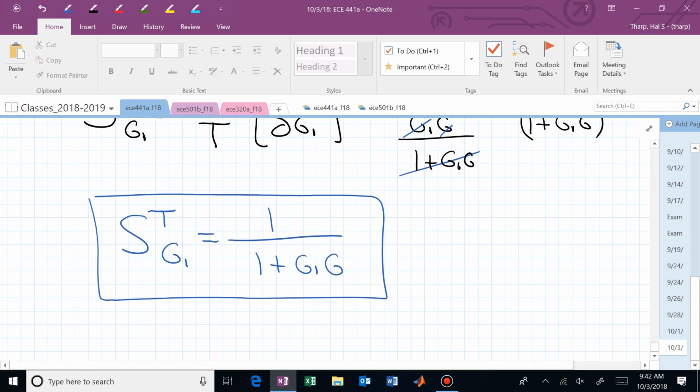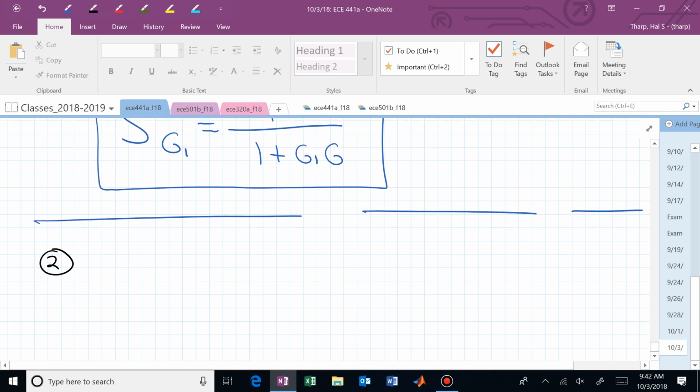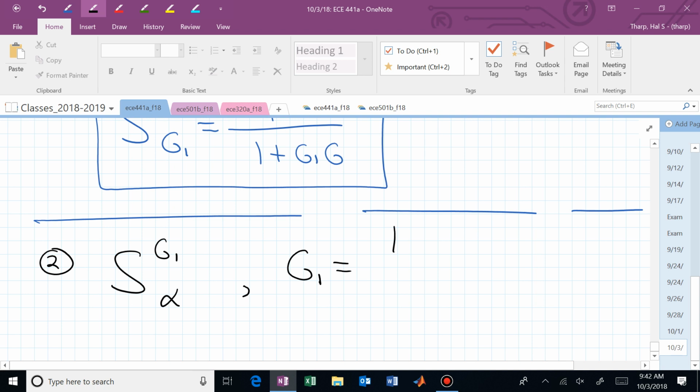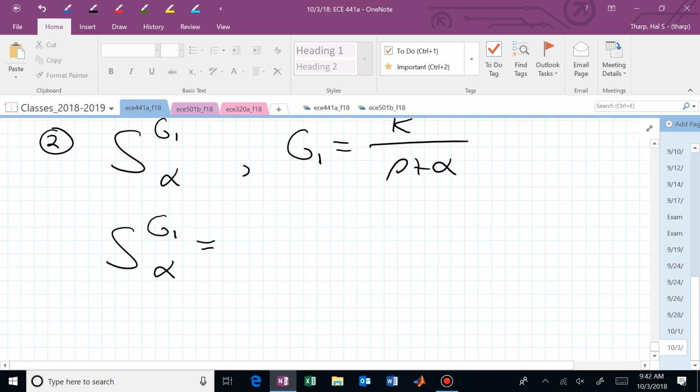Now we need to do the second piece of that two-piece chain rule computation, and this is now finding the sensitivity of G1 with respect to alpha. And G1, that was our controller that looked like K over S plus alpha. And the sensitivity of G1 with respect to alpha has the same structural form as before: partial of G1 over partial of alpha, over G1 over alpha.